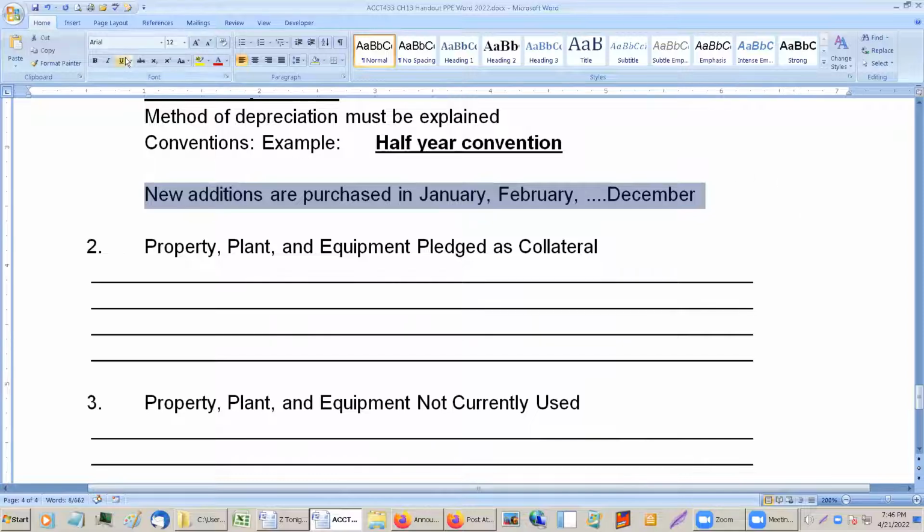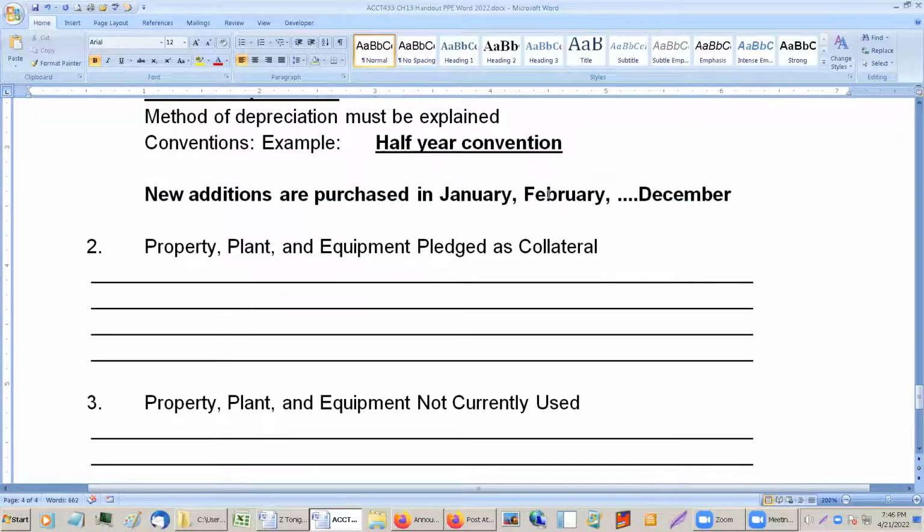We have some purchased in January, February, March, April, May, whatever, all the way through to December. So some of these things will be depreciated over 12 months, and some will be depreciated over 0 months. For instance, at the end of December, we round off to the nearest month. So if you buy something on December 20th, you're not going to have any depreciation for that. So for any given item, the depreciation is between 0 and 12 months.